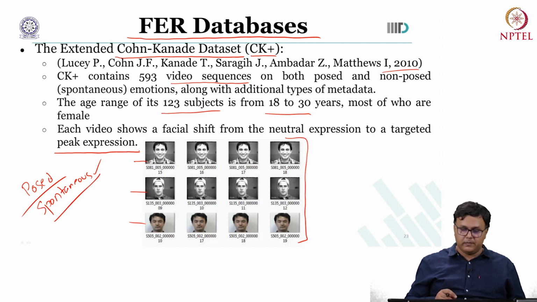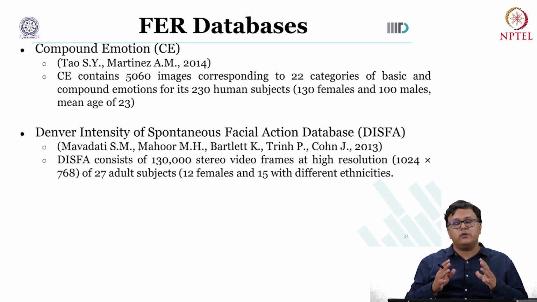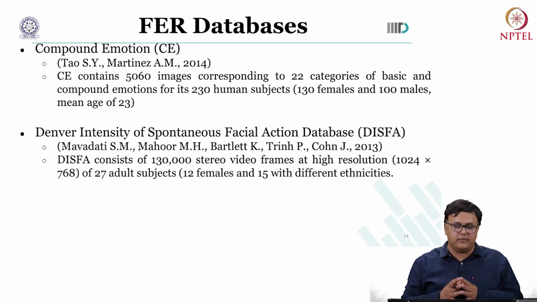Okay. Now researchers moved on from this and started looking at different aspects with respect to the recording environment, the age range, the cultural variability, and also the labels, right? In the case of your CK data set, you had the compound emotions and the universal emotions and the Facial Action Coding System, FACS, action unit labeling.